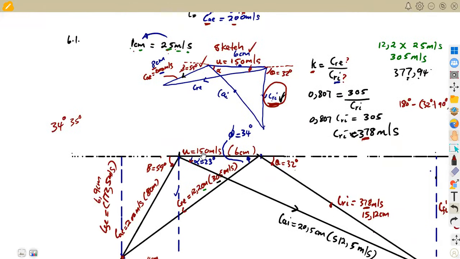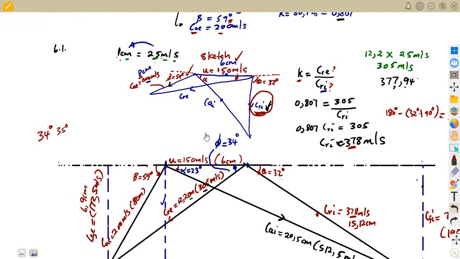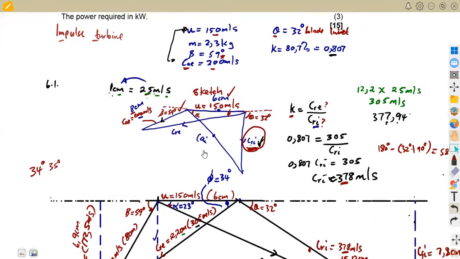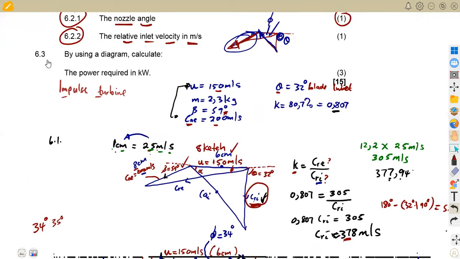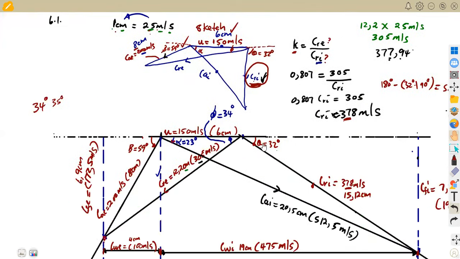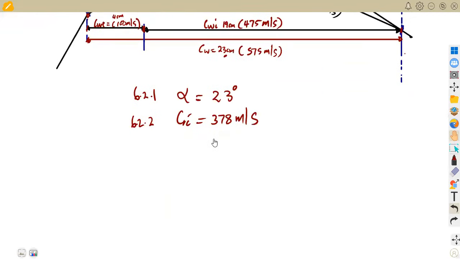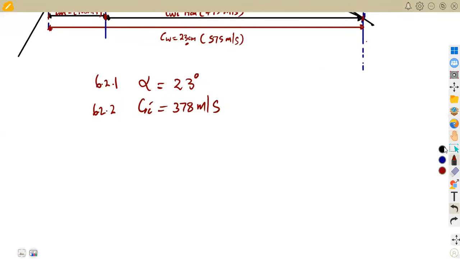Then what else do we have? Also, we are given 6.3, by using the diagram, also calculate the power required in kilowatts. 3 marks for that, the power required. So the power is given by the formula, this is the formula that you're going to use for power, that's 6.2.